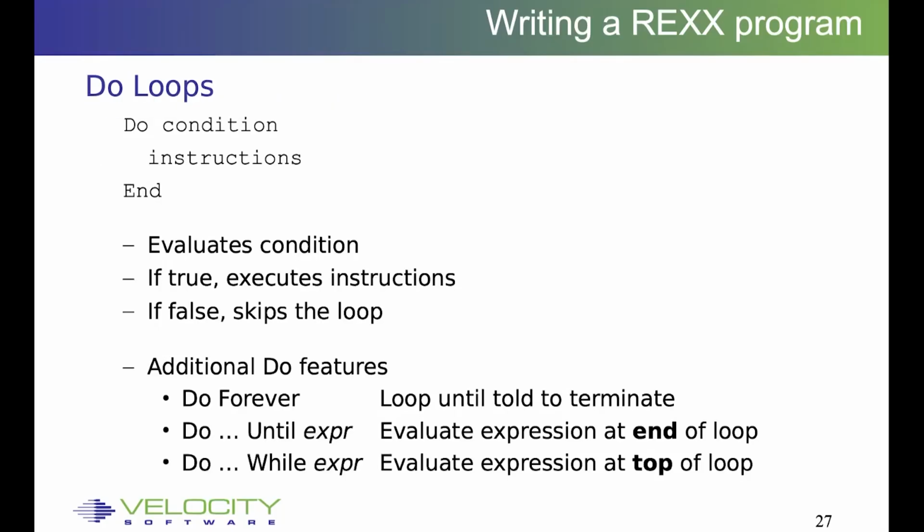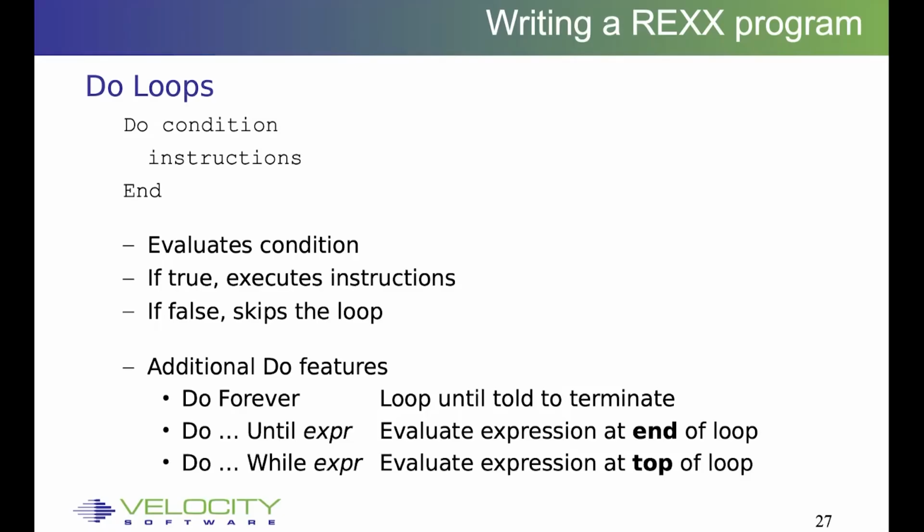Do loops allow you to perform an operation multiple times based on a condition. The condition is evaluated. If the condition is true, the instructions are executed inside the loop. If it is false, the loop is skipped entirely.